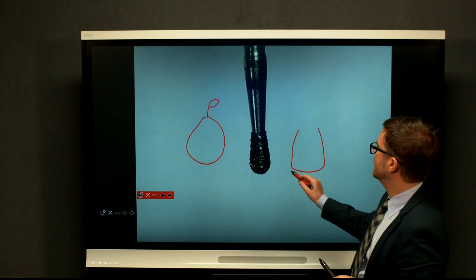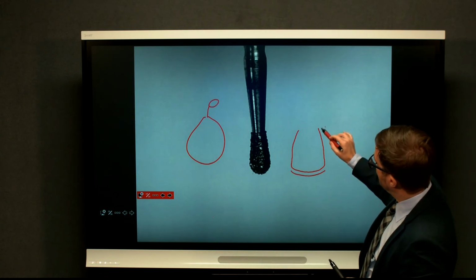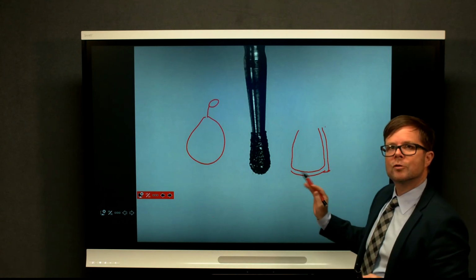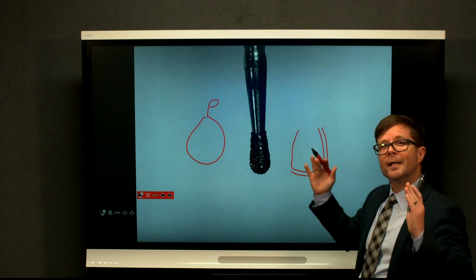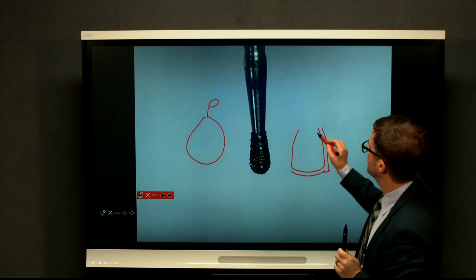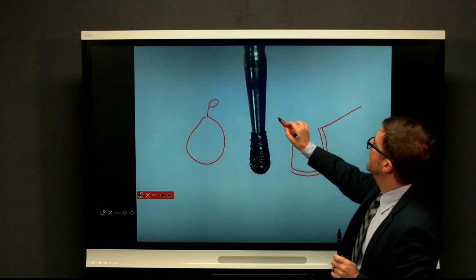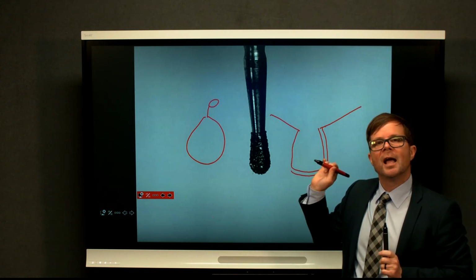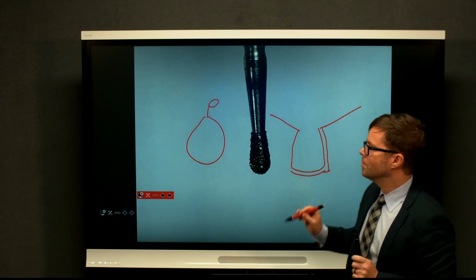So we've got a relatively flat floor. We've got walls that are at right angles to the floor or slightly convergent as you come towards the surface of the tooth. So the cavity design has good retention and resistance form.